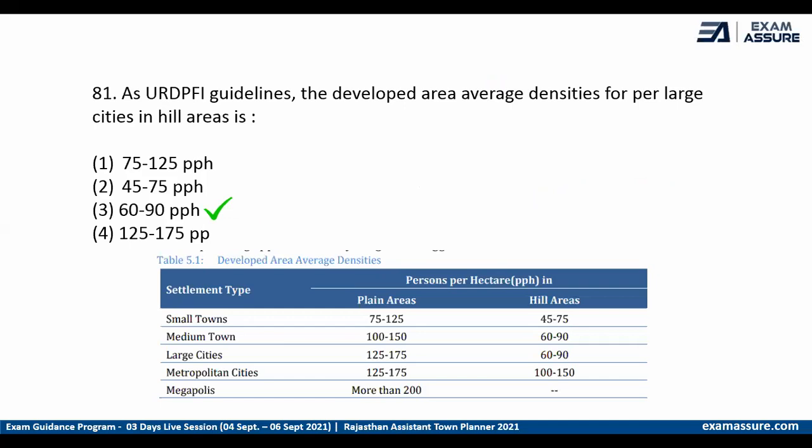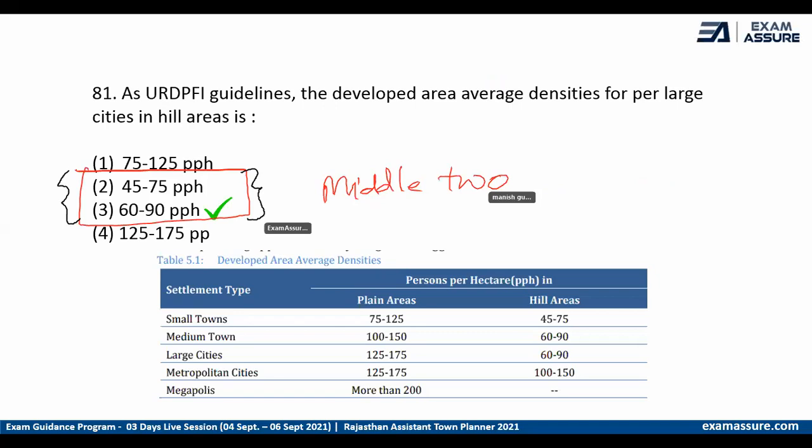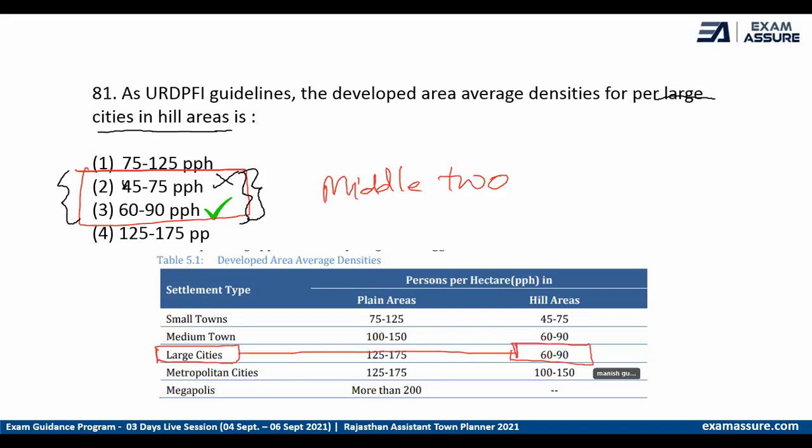URDPFI guidelines: the developed area average densities for large cities and hilly areas. Okay, so here also the trick would work. One is the middle two. And the second is that it says large cities and hilly areas, so it's not small cities and hilly areas. We normally exclude the lowest limit, but if it is going to be within these two, then we should take the slightly higher range because it's for large cities and hilly areas.